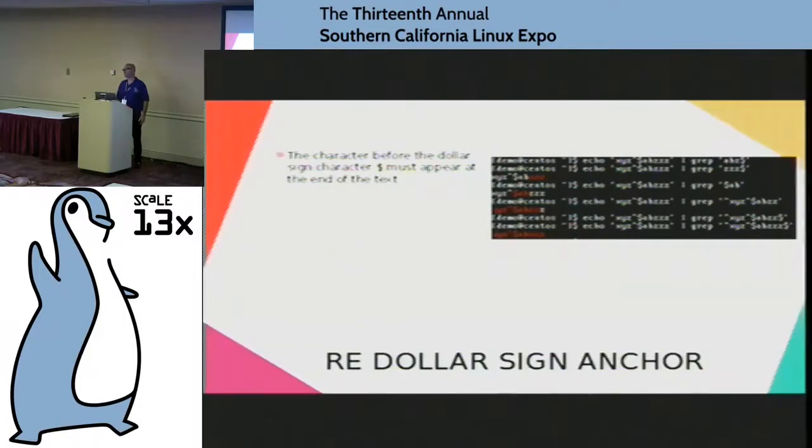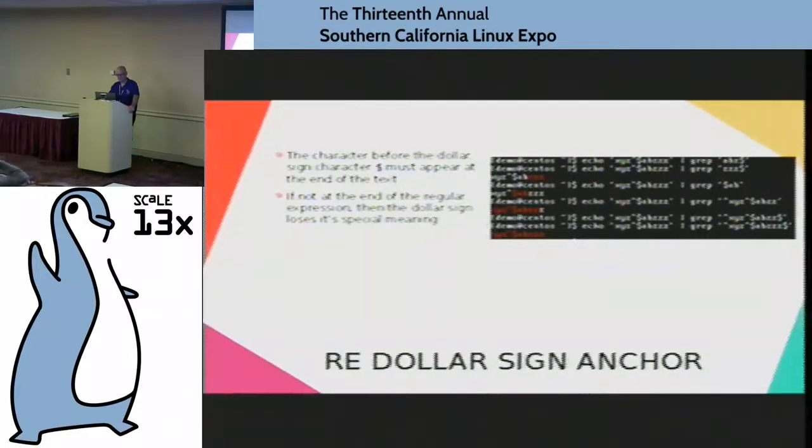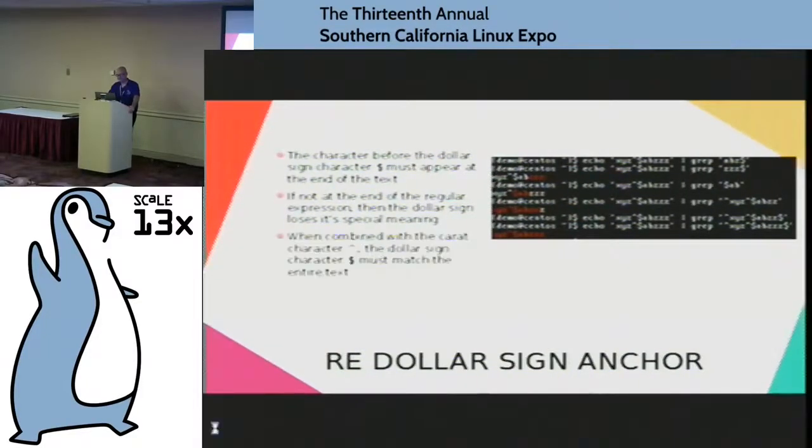It's just a literal dollar sign. Oh, really? So it's the new line that does magic, not necessarily the dollar sign. Correct. Yeah, there's some kind of interesting caveats on that. So if it's not at the end normally, and not in multi-line mode, it loses its special meaning.